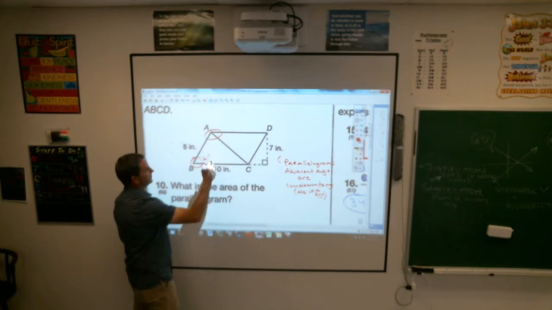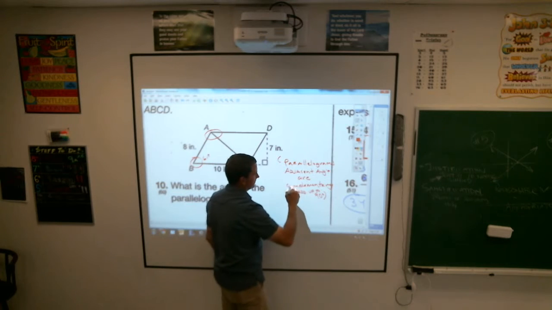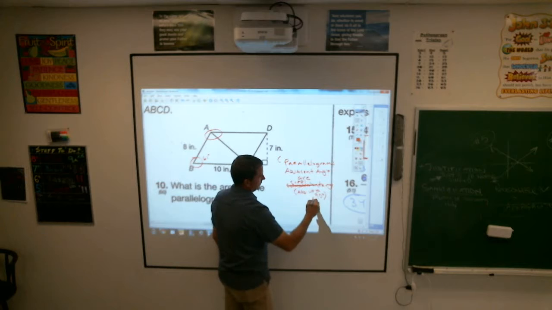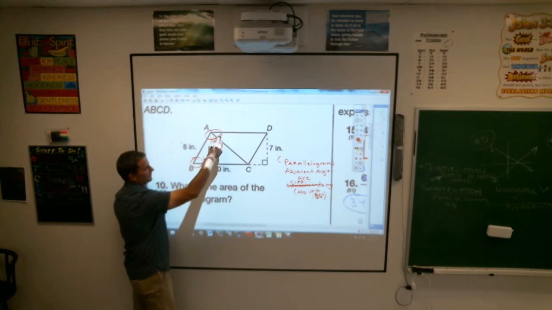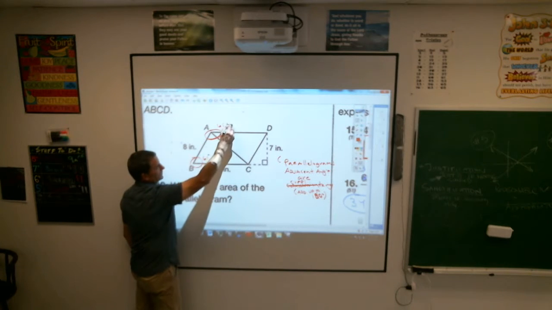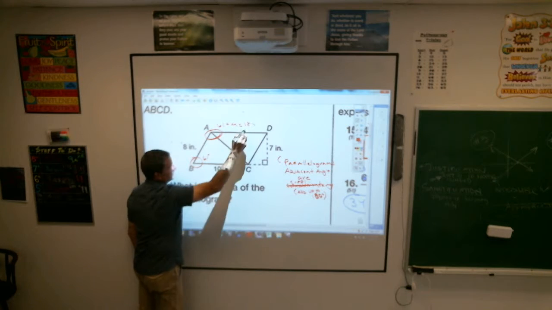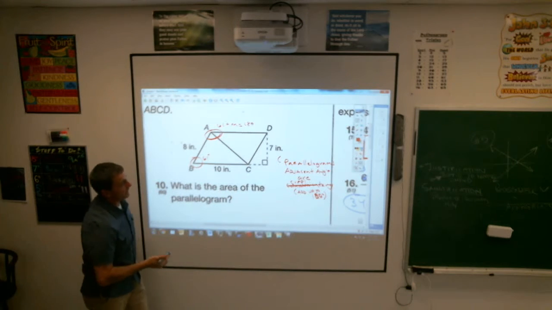Oh wait, I'm sorry. These angles are supplementary. Let's change that. Which means they add up to 180 degrees. So this angle plus this angle have to add up to 180 degrees. And the reason for that is this.